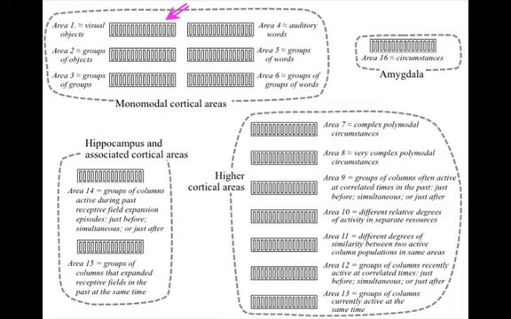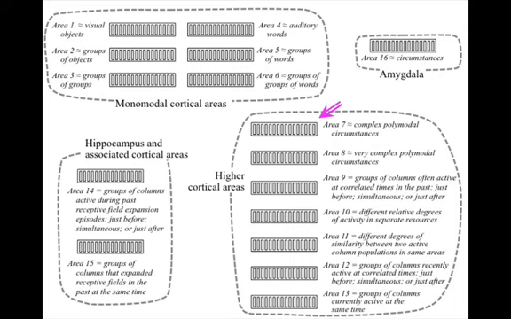In the monomodal visual areas, receptive fields are detected within inputs from the eyes, and these receptive fields can discriminate between different types of visual situations, visual objects, say, or groups of objects, or groups of groups, and so on. Then you've got auditory monomodal areas, and hearing speech drives appropriate activations through these areas.